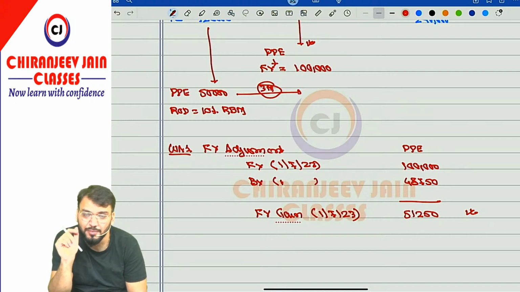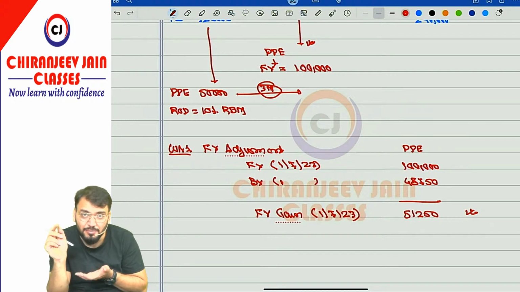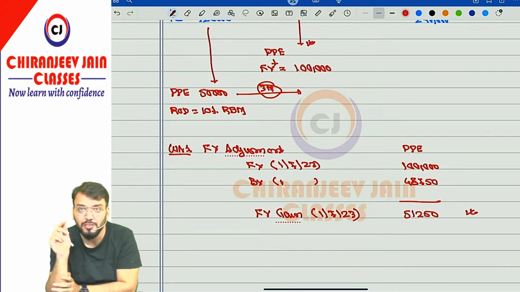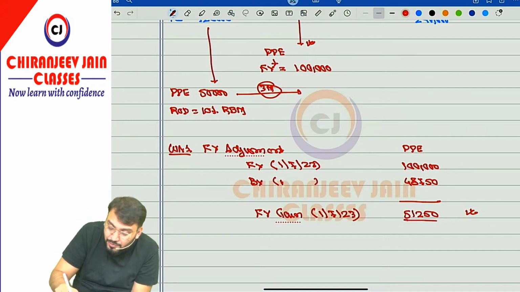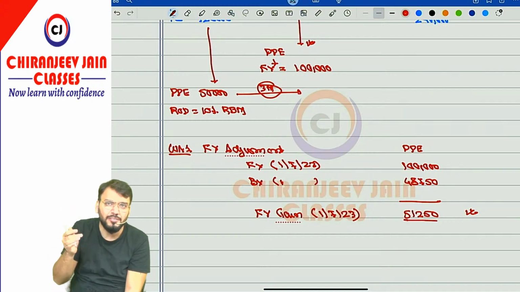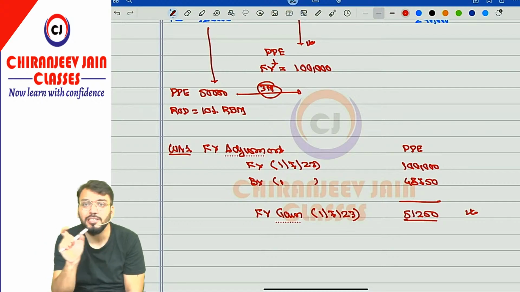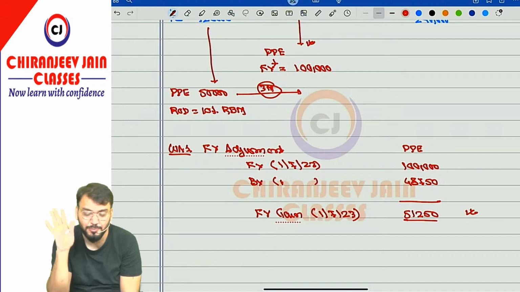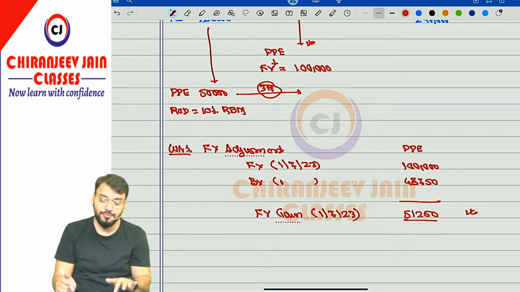Means what journal entry will we do? Asset will increase by 51,250 and the pre-acquisition profit will increase by 51,250. Actually, from the journal entry's point of view, asset account debit to pre-acquisition profit. So your pre-acquisition profit will increase by 51,250. Correct? This much you understood?